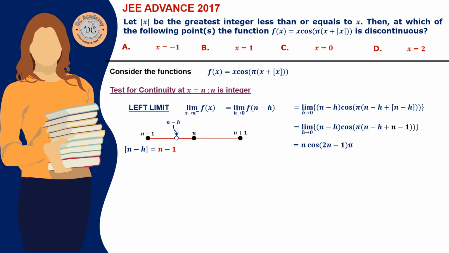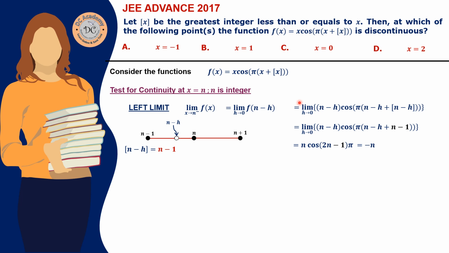Why can we jump directly to this? Here, n and n will be 2n, and minus 1, as h tends to 0, so no term in h remains. It is gone. Here also, it's n minus 1 and the h will be left off. Therefore, the left limit for this particular case will be n cos((2n minus 1)π), which is equal to minus n.